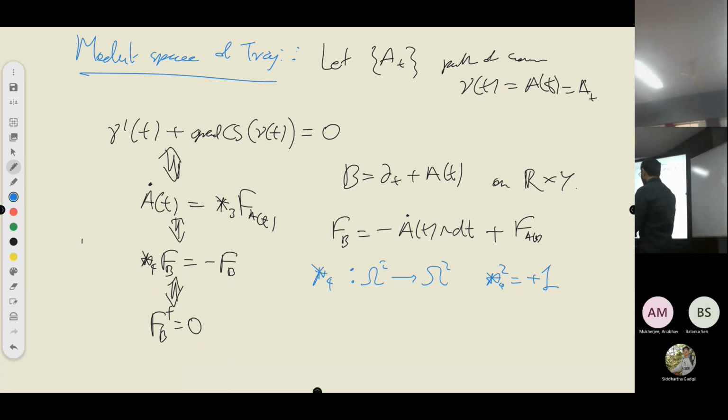Okay. This reformulation has the advantage that earlier we only had gauge symmetry on the 3-manifold. So the symmetries of this equation would be R-many gauge transformations of Y. But now, reformulating it this way, we have gained some more symmetry. We have all gauge symmetries on R cross Y itself.